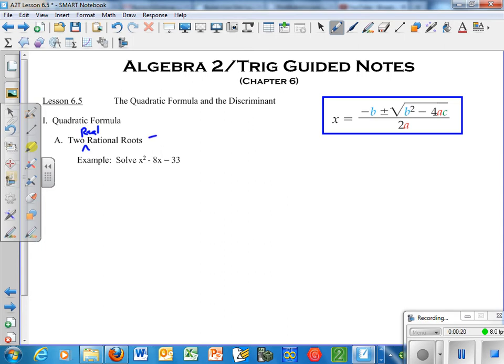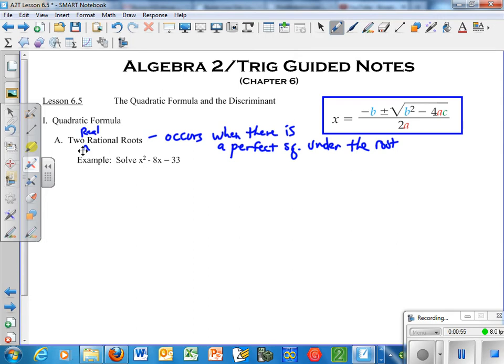Rational means fraction, and this occurs when there is a perfect square under the root. So when you do your b squared minus 4ac and you get a perfect square under there, you are going to get rational roots, meaning fractions, not answers that have square roots in them, because we're going to be able to take the square root of that perfect square.